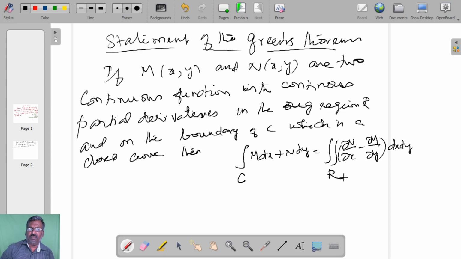Now we are going to verify one sum for Green's theorem.